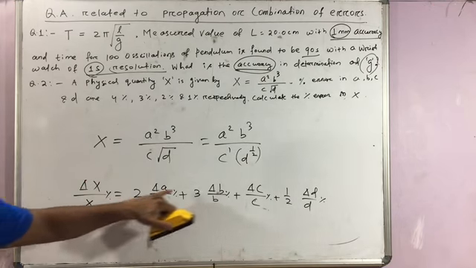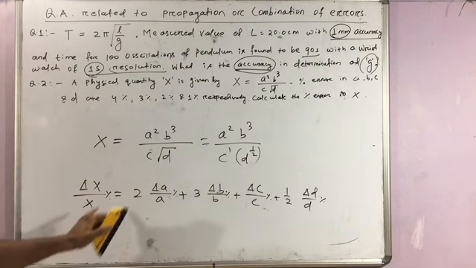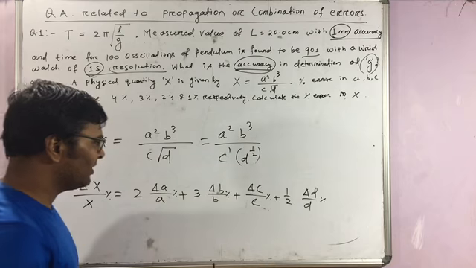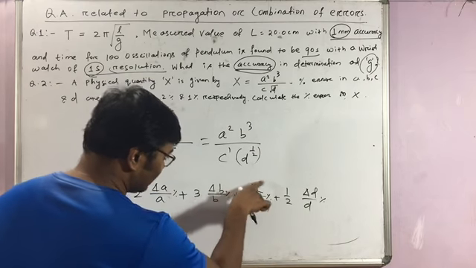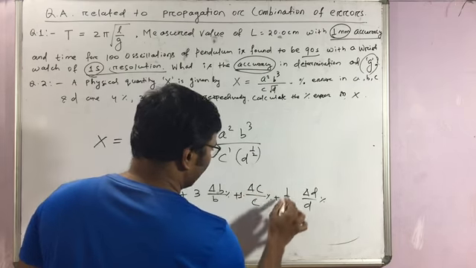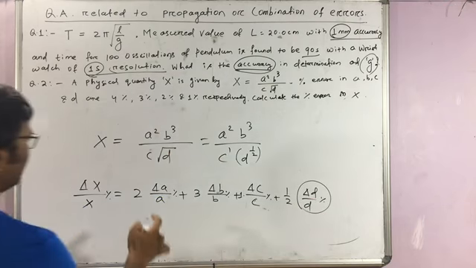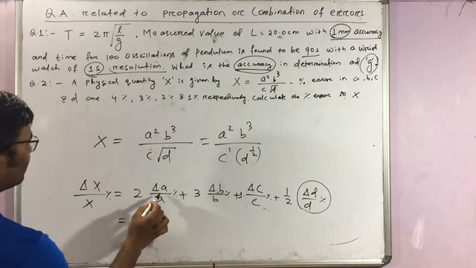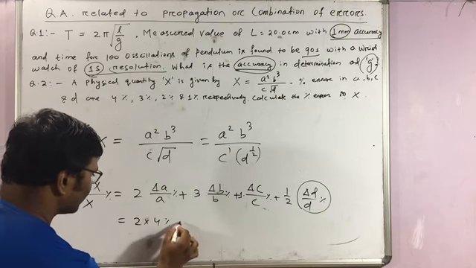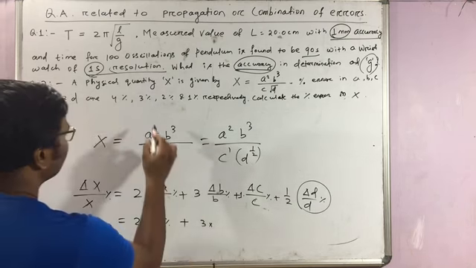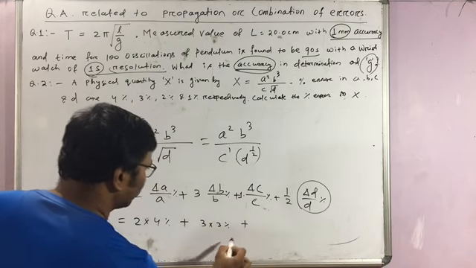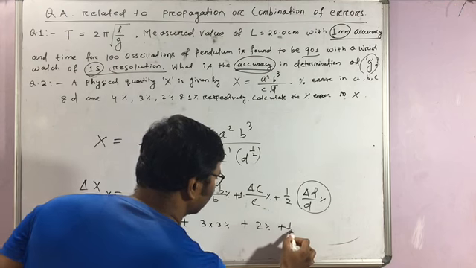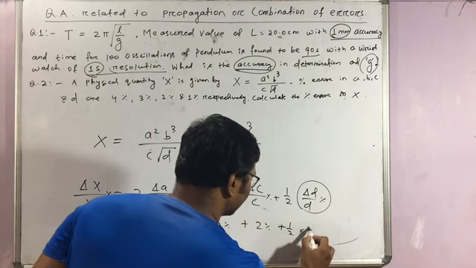So if you multiply by 100, the percentage error in X will be 2 into percentage error in A plus 3 into percentage error in B, plus 1 into percentage error in C, plus half into percentage error in D. Now you can substitute all the values here. 2 into 4%, plus 3 into 3%, plus 2%, plus half into 1%.